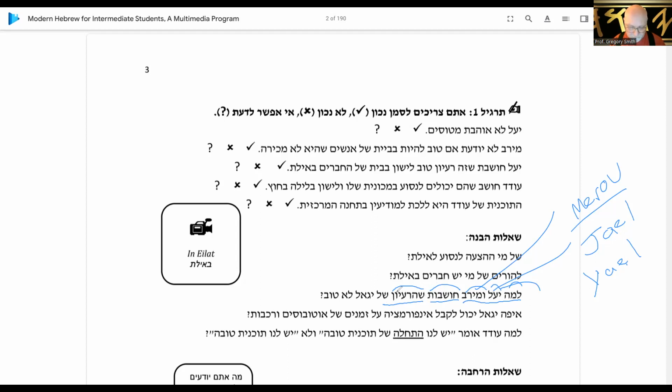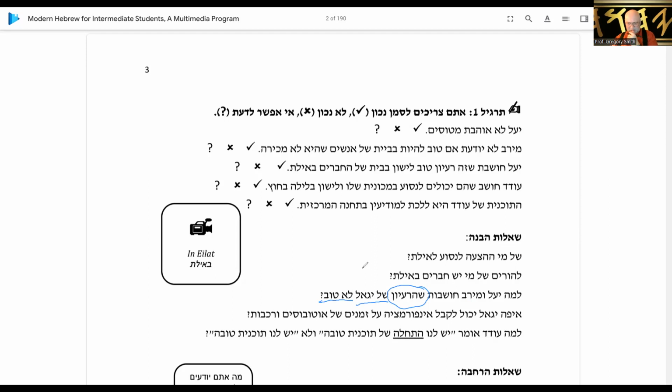So this is an interesting word here. למה יעל ומירוב חושבות שהרעיון? Shaharion, listen to that. This word right here, Shaharion. Basically, it's like this idea, or it's an idea, like this idea or that idea. Shel Yigal, belonging to Yigal, lo tov, is not good. So remember, Yigal had that idea.